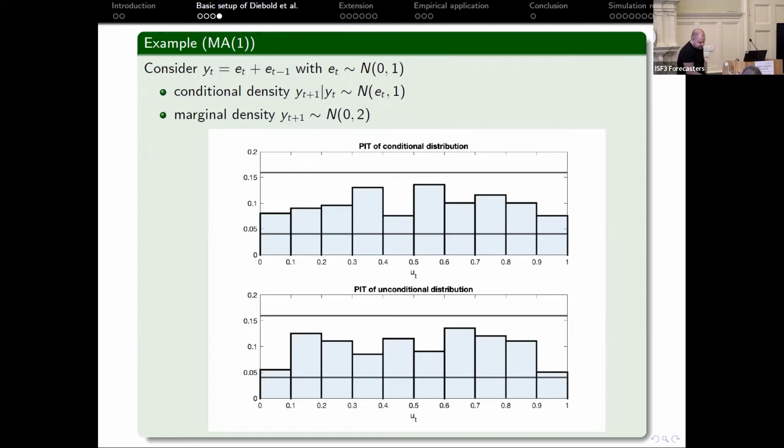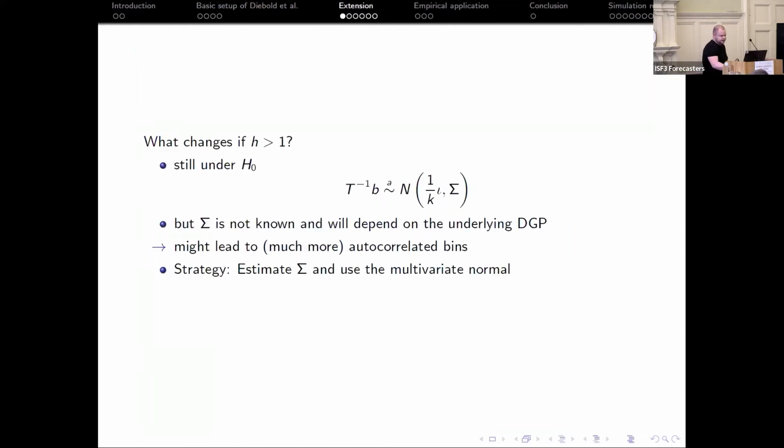All right, so how can we basically address that? Our idea is based on the multivariate normal approximation here.